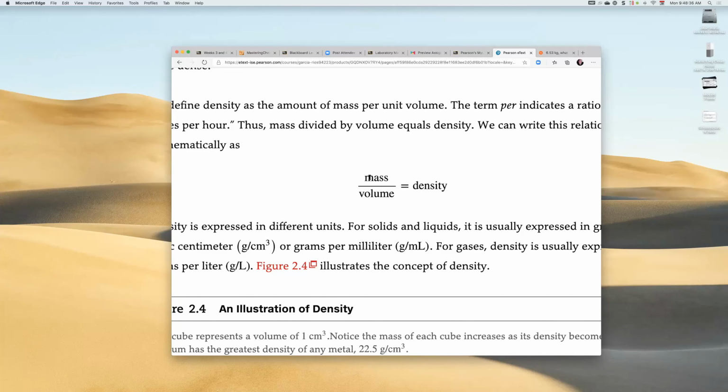And density is defined as the mass of a sample divided by the volume occupied by that same sample. It has to be the same sample. So you weigh a sample, you measure that in grams, you measure the volume of that sample in milliliters or cubic centimeters, and when you divide the two numbers, you get the so-called density.